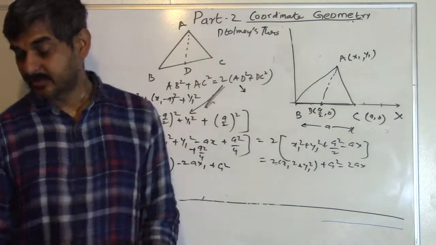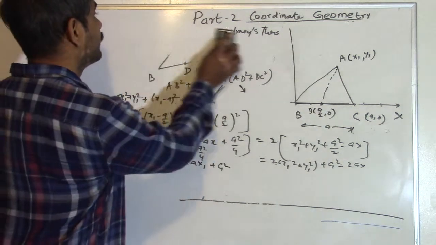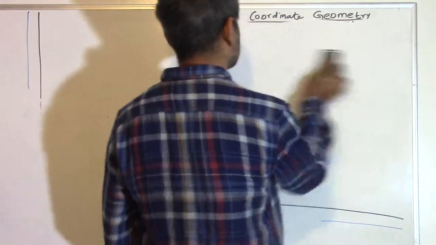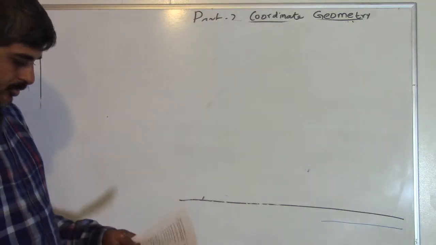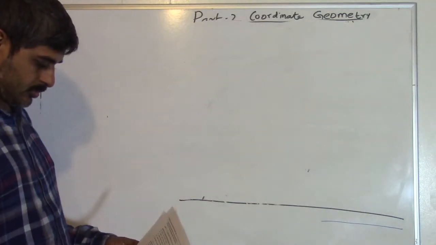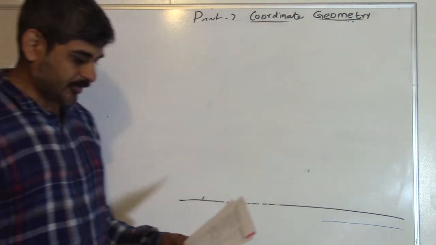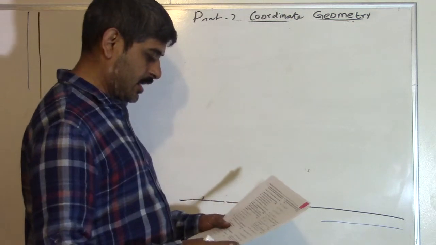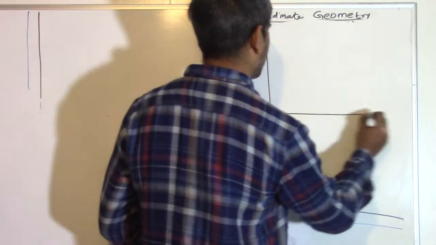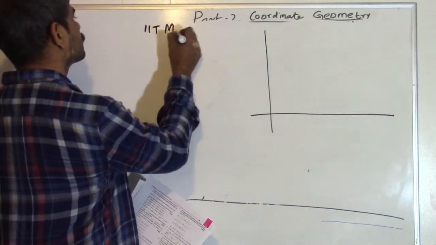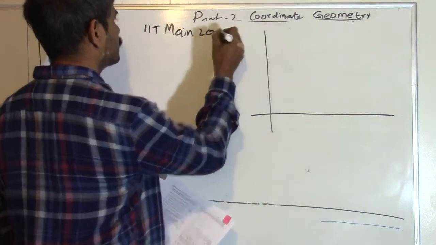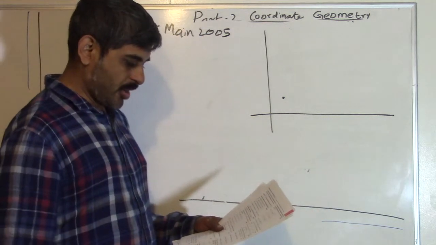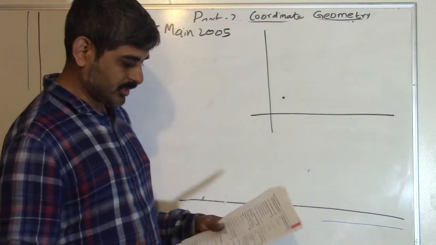It's IIT, I think, Main in 2005. If the vertex of a triangle is 1, 1, and the midpoints of the two sides through this vertex are given.